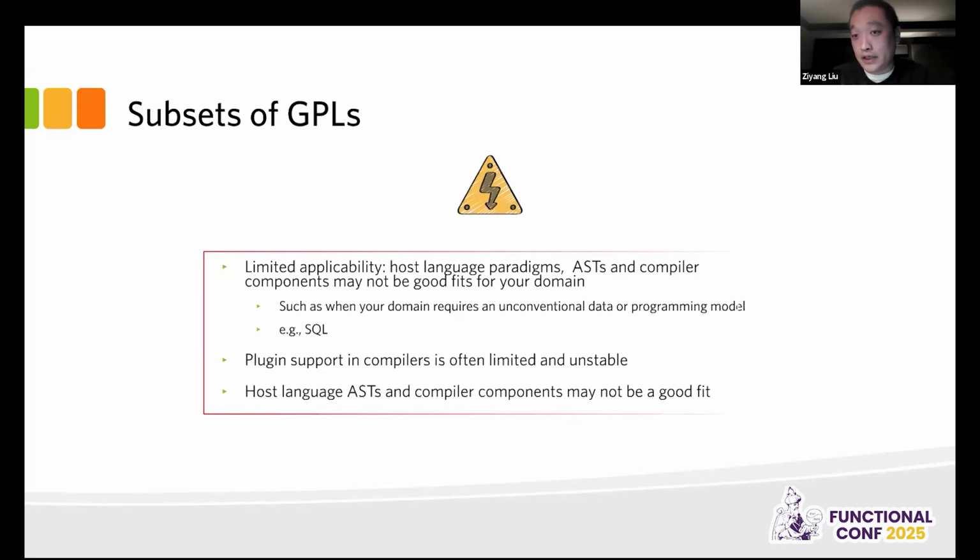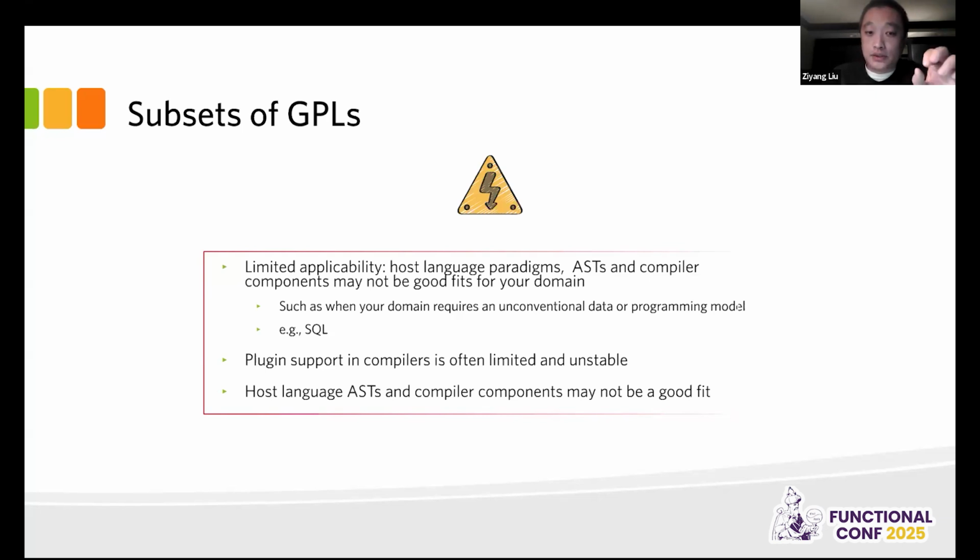The GHC API for compiler plugins is not very comprehensive and not very well documented, and it changes a lot from version to version. So that makes it harder to, for example, support multiple GHC versions at the same time. And that's why the Plutus Tx compiler, the language I just showed you earlier, only supports one major GHC version at any given time because of this. So this is another challenge.